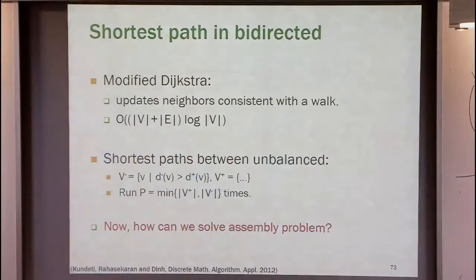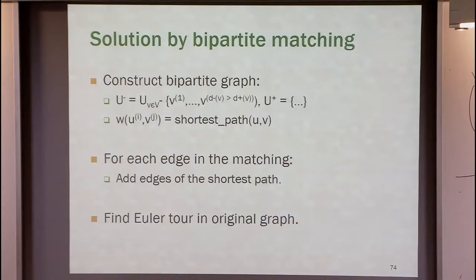Instead of looking, for example in Dijkstra's algorithm, at the shortest of any neighbor that we can go to on the next edge, we have to consider neighbors that are consistent with a walk. As I told you, now we don't have paths, we have these walks. So we can compute the shortest path between these vertices and these ones, and then we can solve it using a bipartite matching.